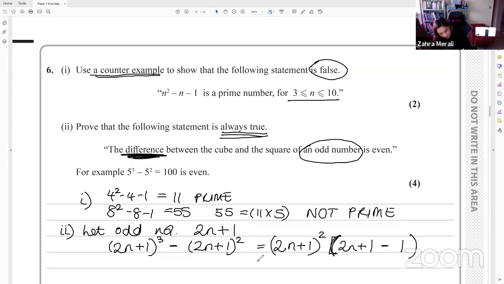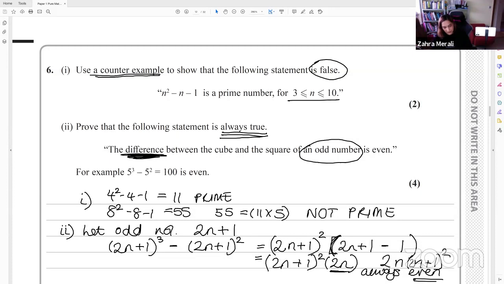So we can see this is the same as (2n plus 1) squared multiplied by 1 minus 1 is 0, multiplied by 2n. And you could open it all out and factorize and show you've got a factor of 2 outside, but hopefully you can see that you've got a factor of 2 outside. So you could say this is the same as (2n plus 1) squared times 2n. So it will be always even.